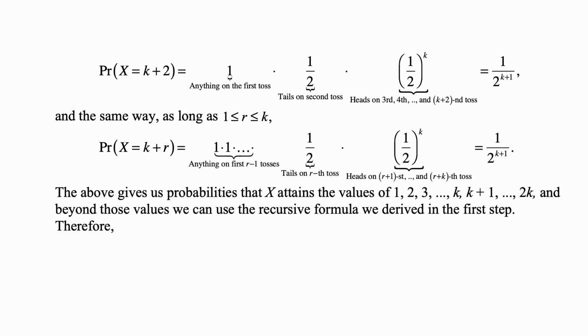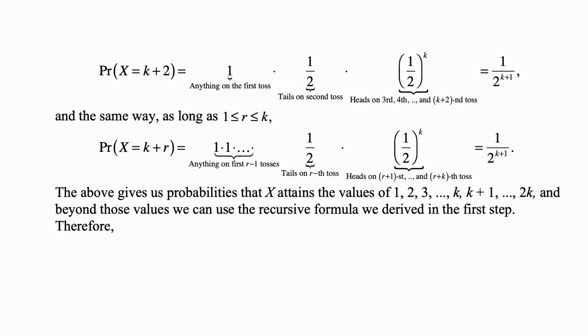And the same way, as long as 1 is less than or equal to r less than or equal to k, the probability that X is equal to k plus r is 1 times 1 times 1, r minus 1 times, that's the probability of getting anything at all in the first r minus 1 tosses, times 1/2 for tails on the rth toss, times the probability of heads on the r plus first through r plus kth toss, which is 1/2 to the k, and that's equal to 1/2 to the k plus 1.